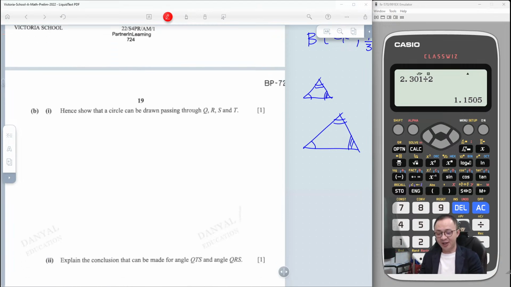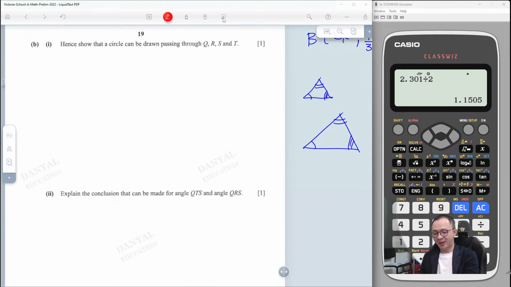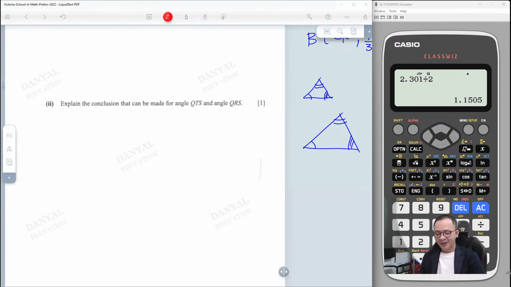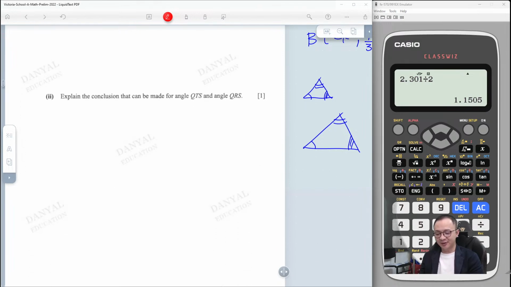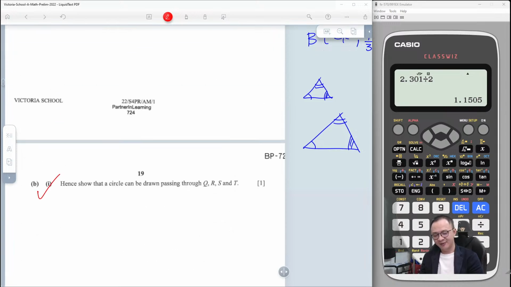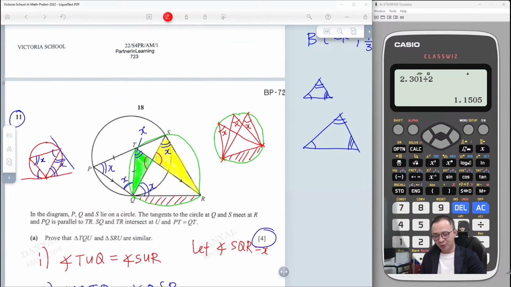Okay? So yeah, 1 mark only. Explain the conclusion that can be made for the angle QTS and QRS. QTS. Okay, QTS will be the whole angle here.